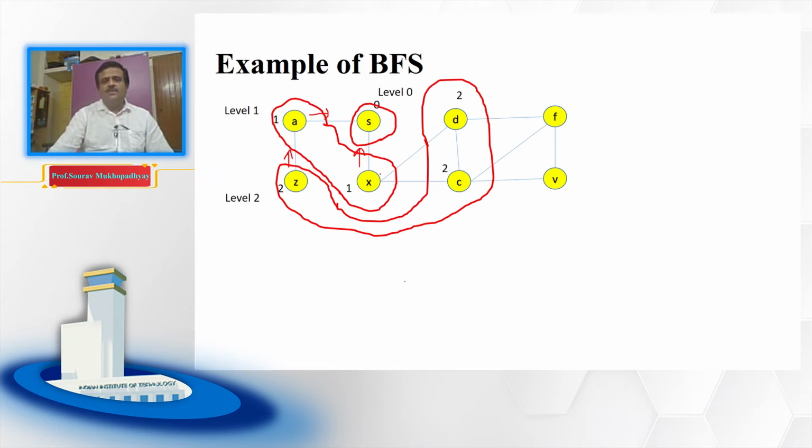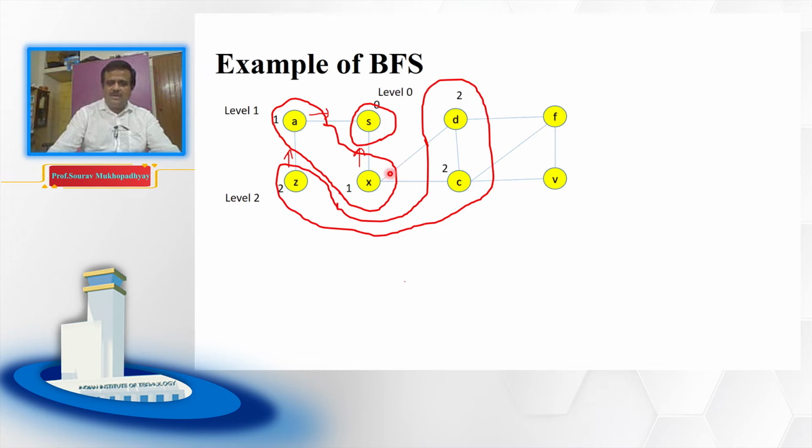Similarly for this vertex, what are the vertices in the adjacency list? This one, but this is already labeled, so we don't need to worry about that. So, these two are not labeled. We take this vertex, this is not labeled, so we have to label that.